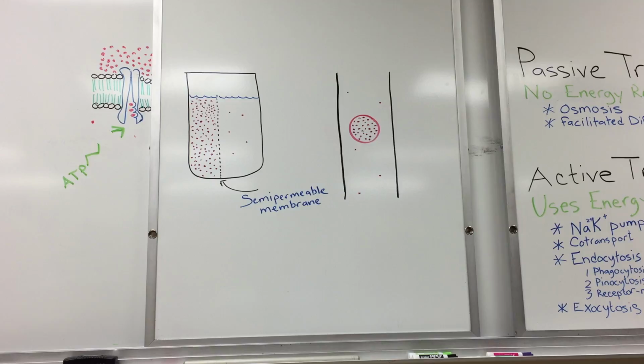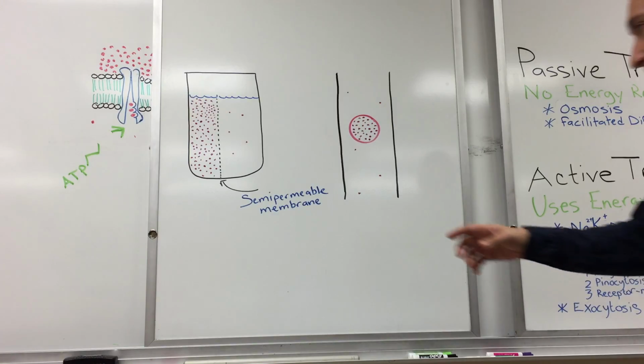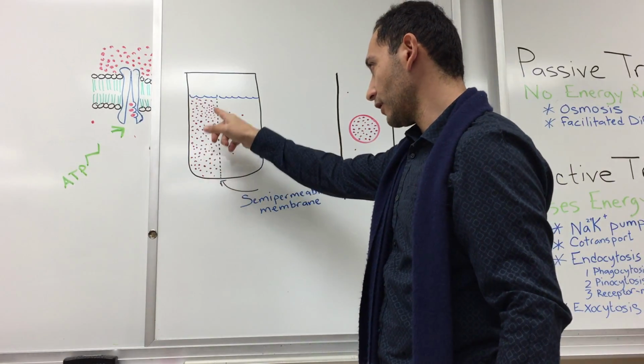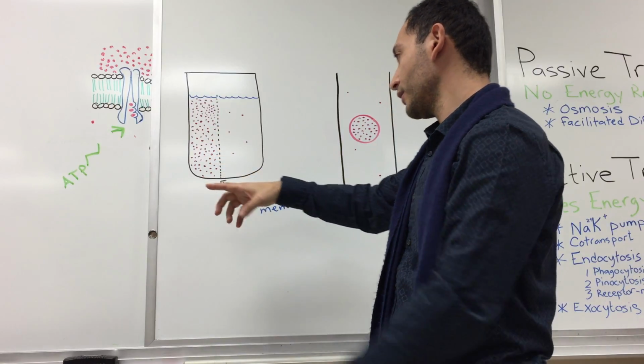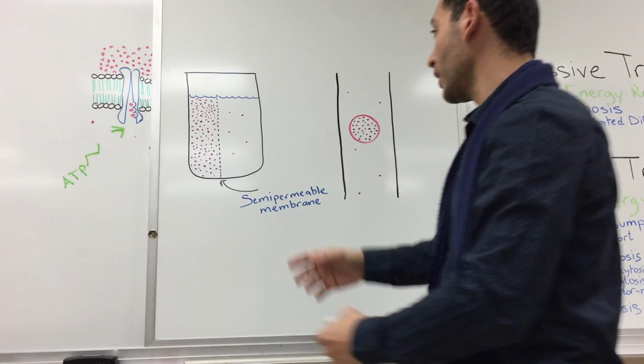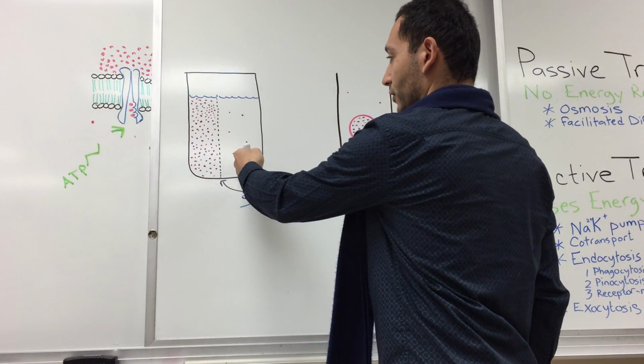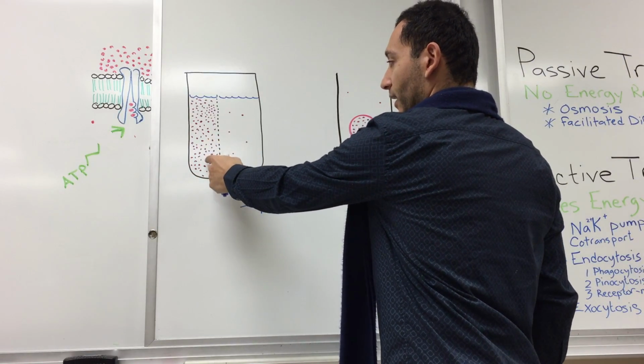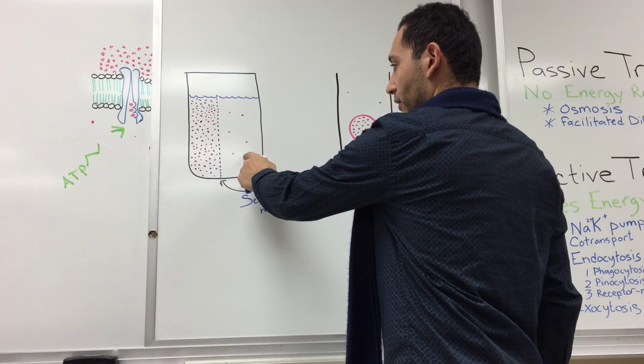That's what diffusion is, the tendency for molecules to spread out evenly into the available space. It's the same idea. These salt molecules or crystals want to move down the concentration gradient, from high concentration to low concentration.